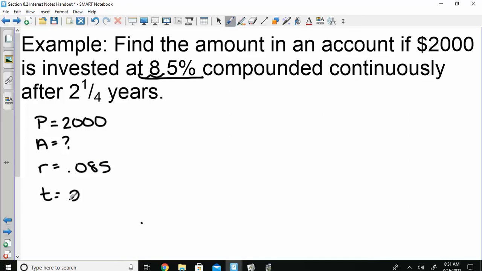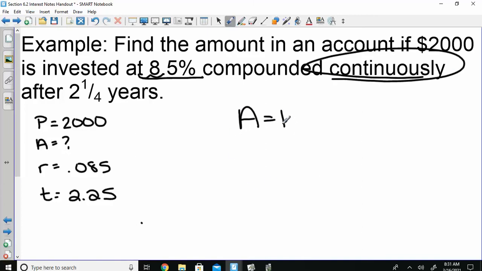Time 2 1/4 would be 2.25. You see this continuously. When you have the word continuously, that's when you use the E formula.